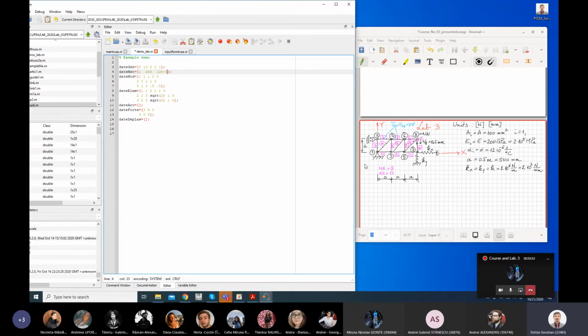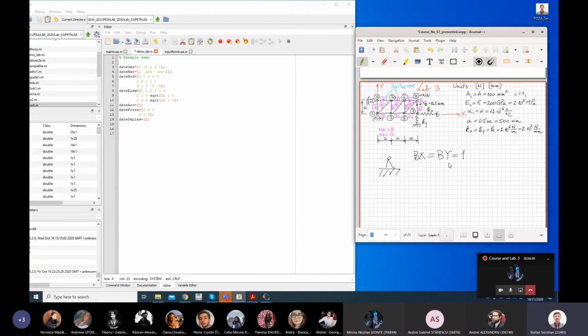After that, node number 1 is this one. It is blocked along x, it is blocked along y. So for something like that, bx is equal with by, and it is 1. It's blocked.